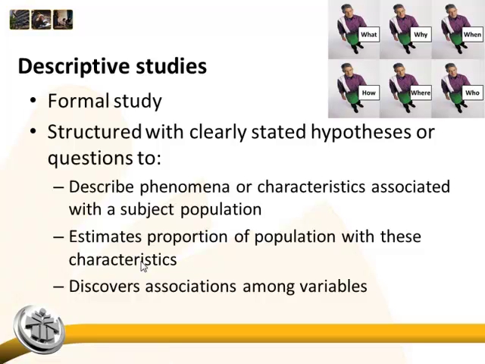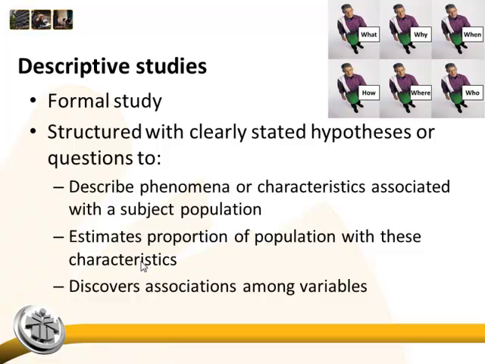Right, so descriptive studies. So here are where we start asking the what, why, when, how, where, and who types of questions. And here we have clearly stated hypotheses. So with an exploratory study, there are no hypotheses, because we don't know yet what the hypotheses should be.